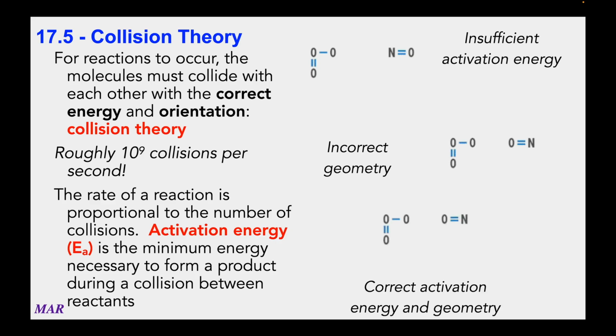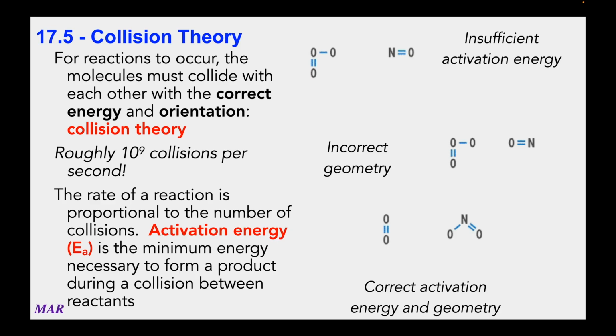If a collision occurs between the two molecules with sufficient energy and the proper orientation, then a reaction can take place to produce molecules of O2 and NO2. In this video, the reactant molecules had the right energy and the right orientation. They had enough energy to actually make the bonds start to occur.